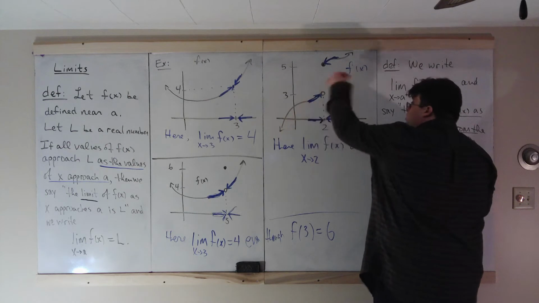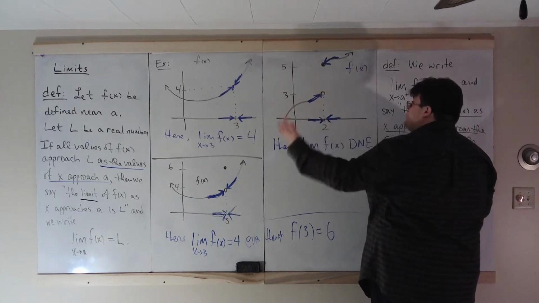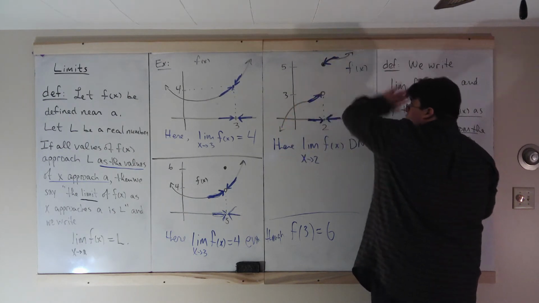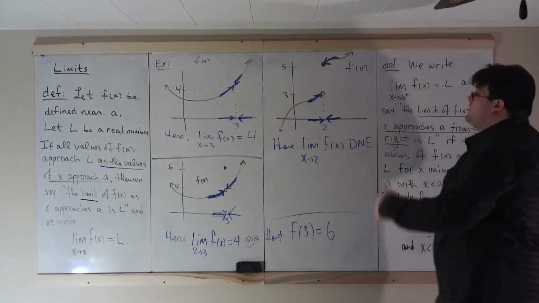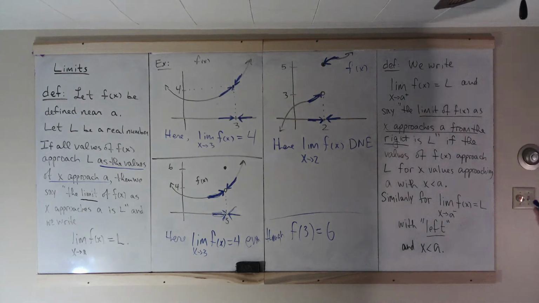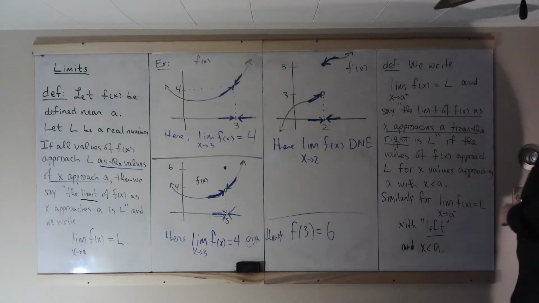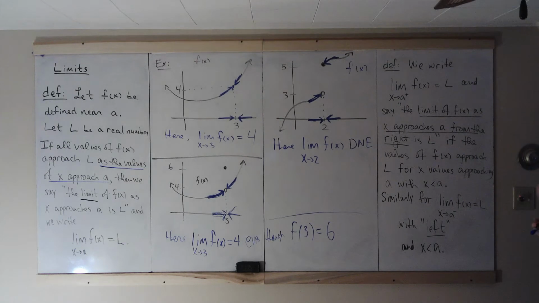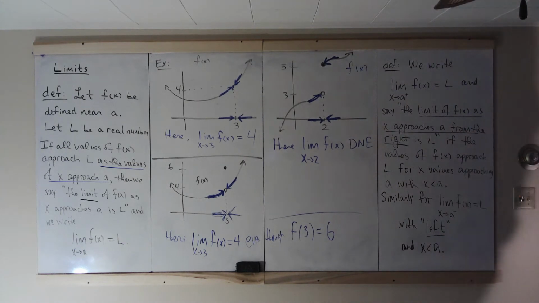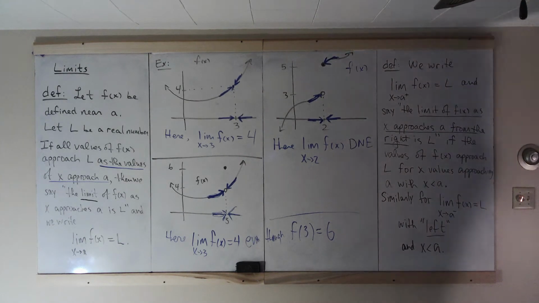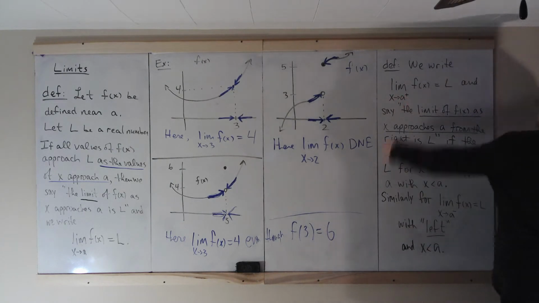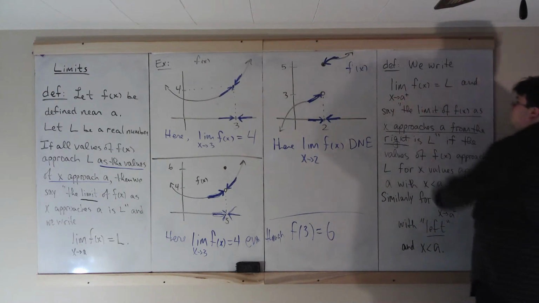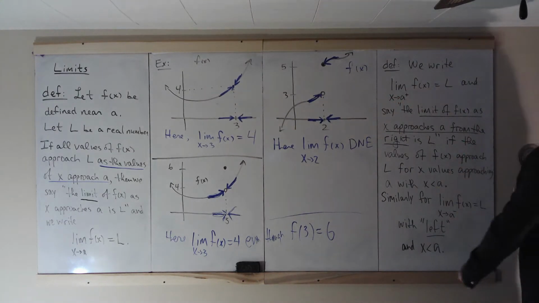This way of approaching 2, the y values approach 3. This way of approaching 2, the y values approach 5. And because of an example like this one, we'll find this definition and terminology useful. So definition, we write lim, x approaches A with a plus sign as a superscript.